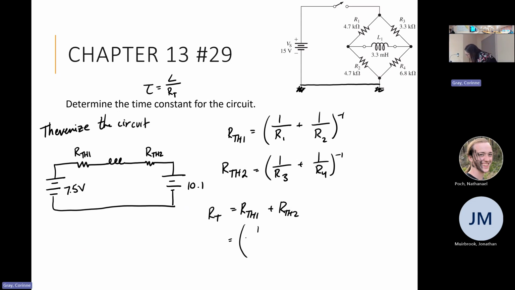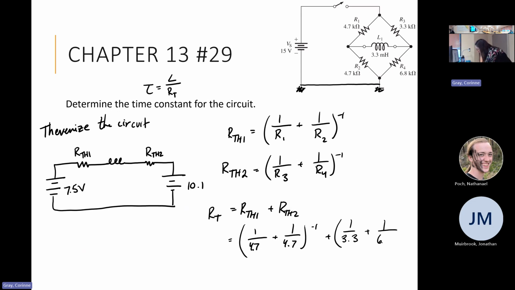We'll have 1 over 4.7 plus 1 over 4.7, inverse, plus 1 over 3.3 plus 1 over 6.8, inverse.